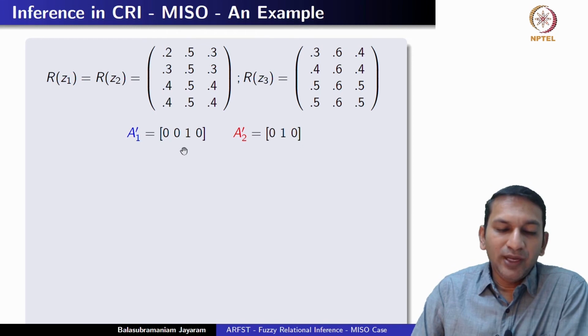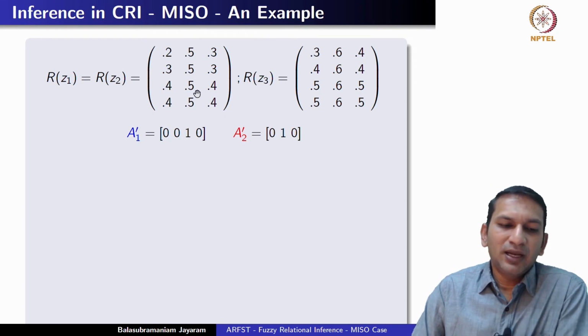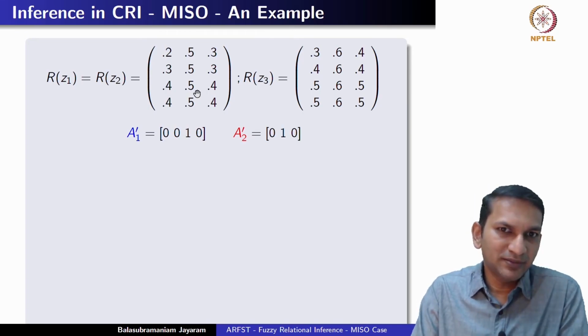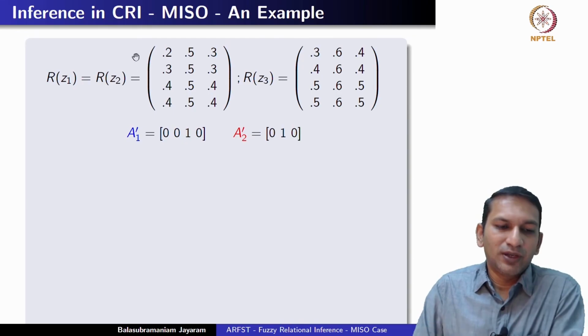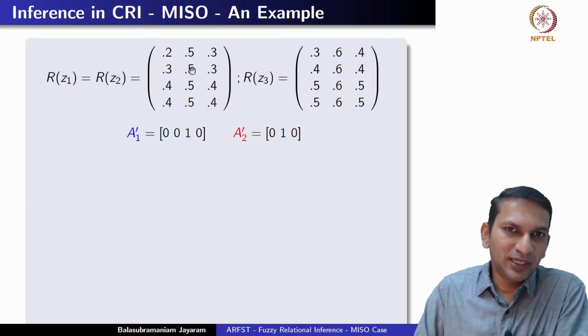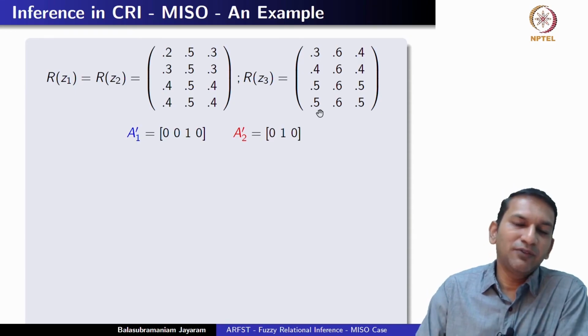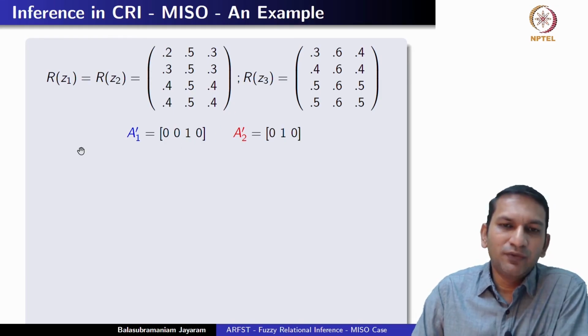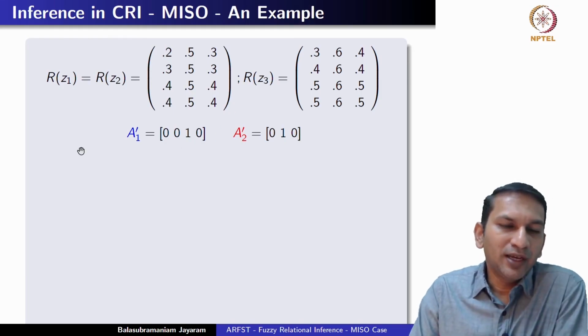Now, remember, R is a 4 cross 3 cross 3 matrix. So, when you fix one of those components, Z1, you get a 4 cross 3 matrix. It's a 4 cross 3 matrix, but we have 3 such matrices. So, from dimensionality point of view also, given these two, we need to be able to obtain a 4 cross 3 matrix to be able to compose.